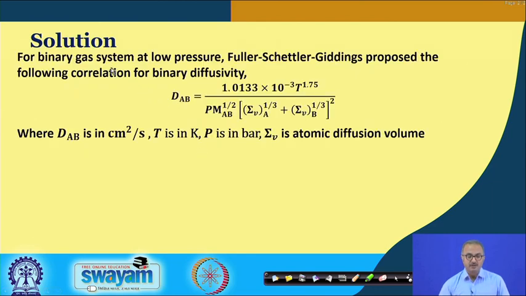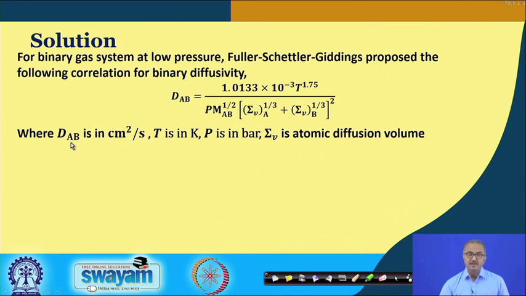Now, for the low pressure zone, Fuller-Schettler-Giddings proposed this particular correlation for binary diffusivity, meaning for a 2 component system. This diffusivity, DAB, varies with the temperature raised to 1.75, that is, not linearly but more than linear, and with pressure as inverse of pressure, and with the square root of some average molecular weight.